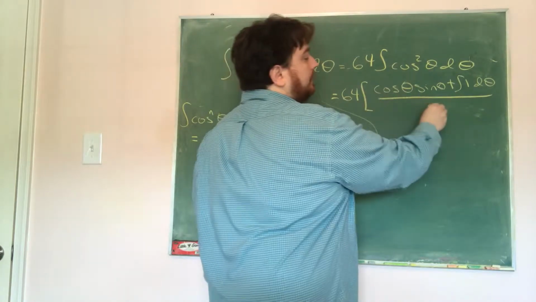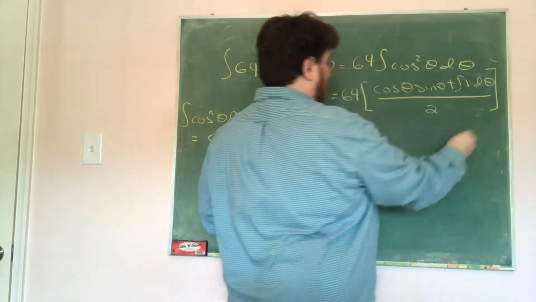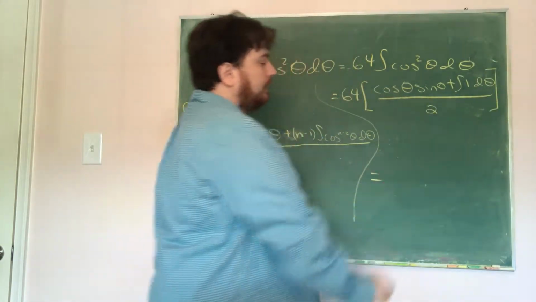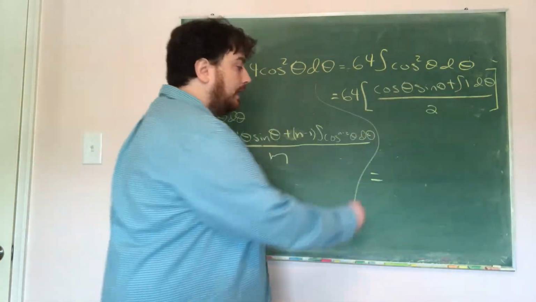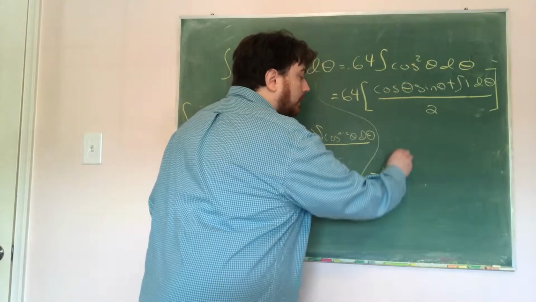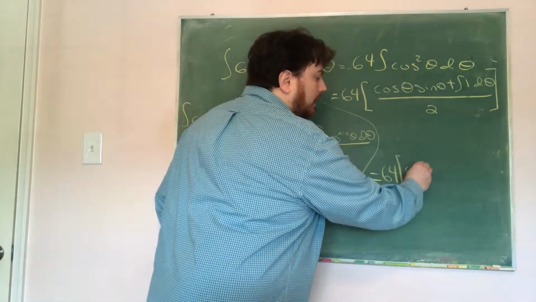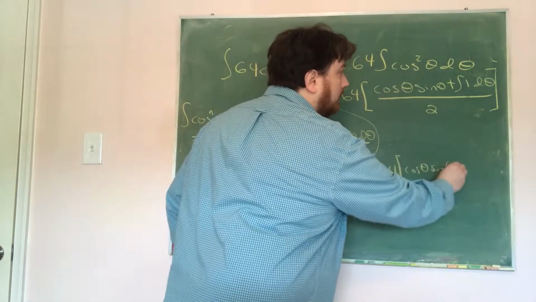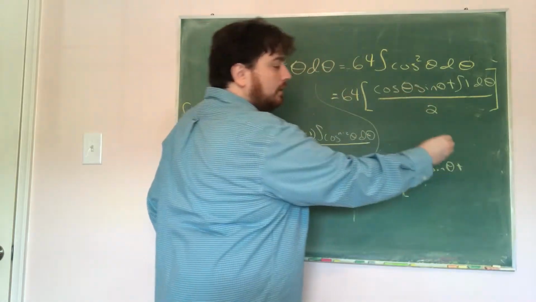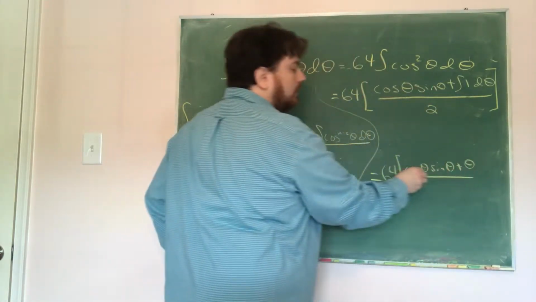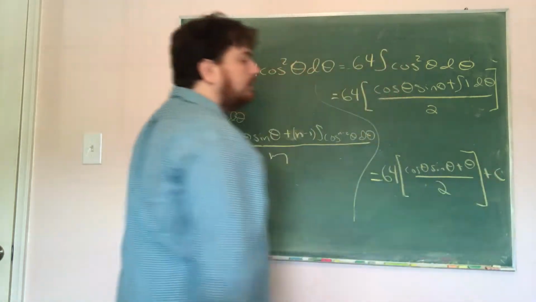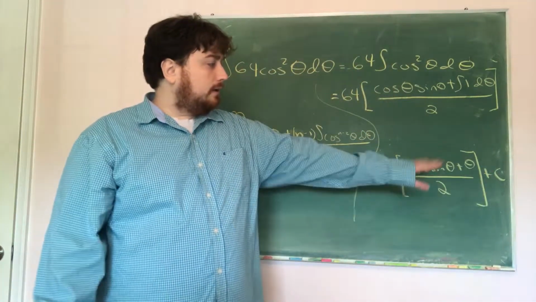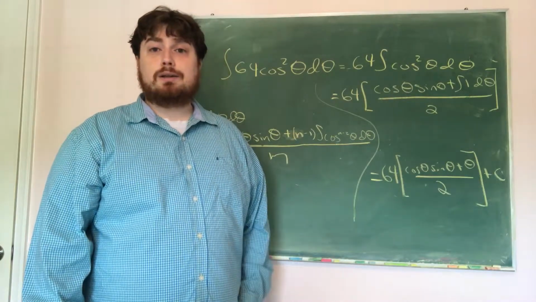All over n, which is 2. And so now the last thing I need to do is just find what the integral of 1 d theta is, and I end up with 64 times cosine theta sine theta plus the integral of 1, which is theta, all over 2. And since I'm finding an indefinite integral, I would need my constant of integration c at the end.